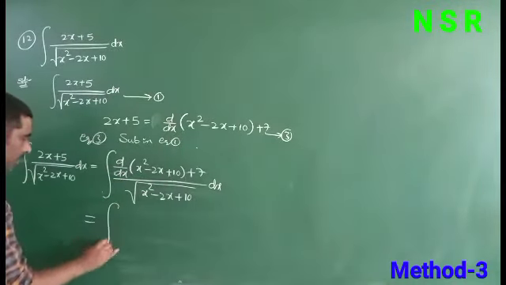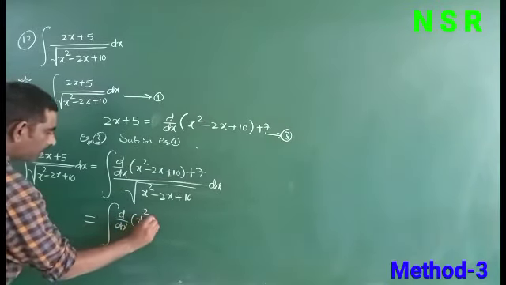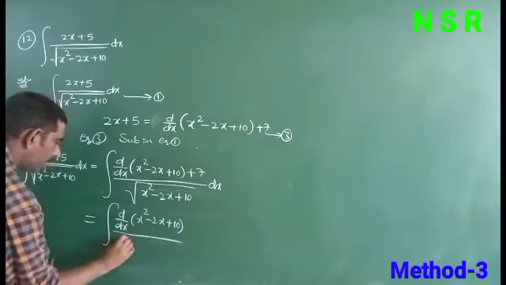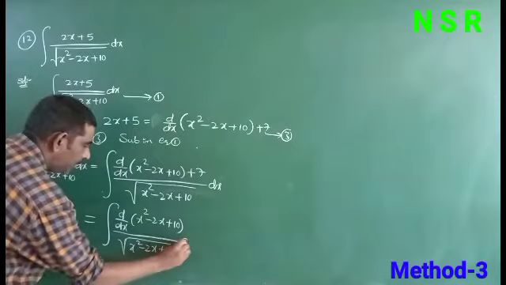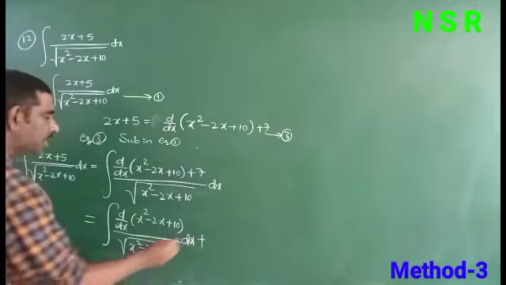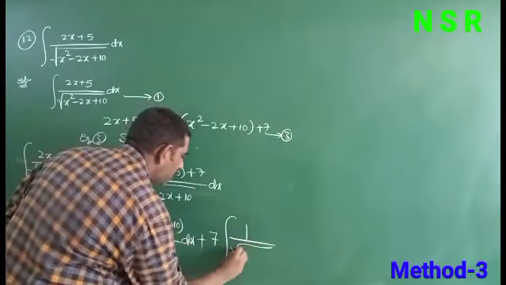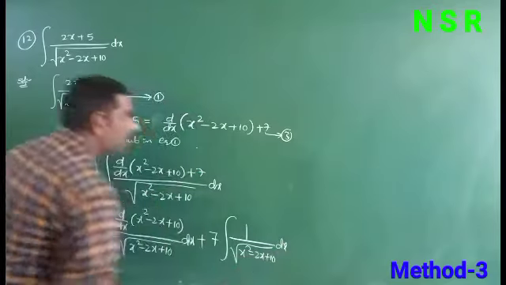So apply integration to both the terms. We get integration of d by dx of (x square minus 2x plus 10) by square root of (x square minus 2x plus 10) into dx, plus 7 into integration of 1 by square root of (x square minus 2x plus 10) into dx.